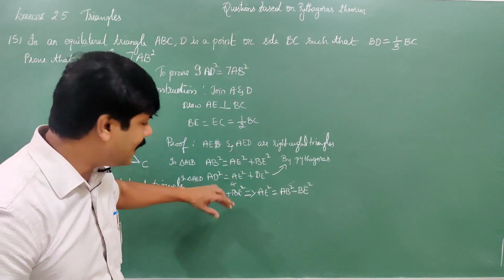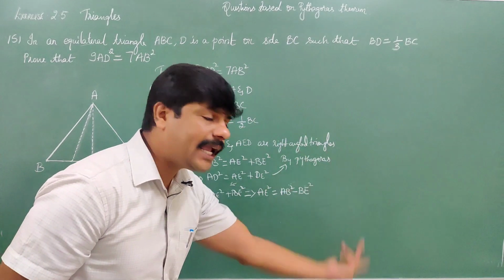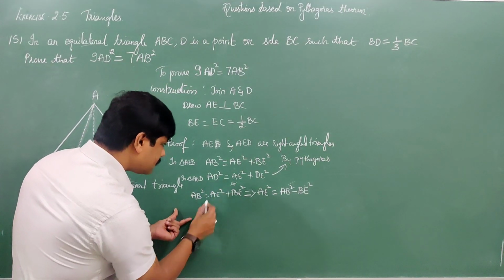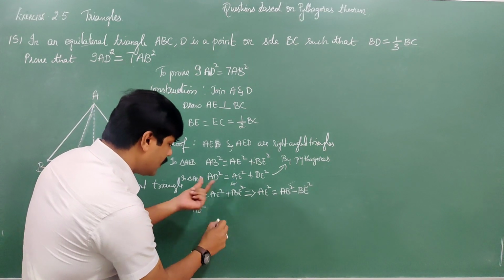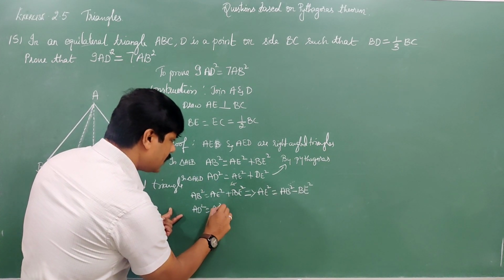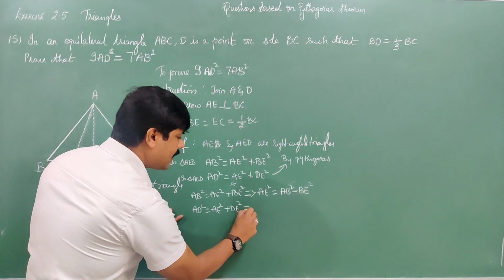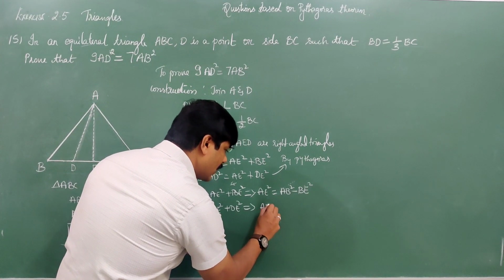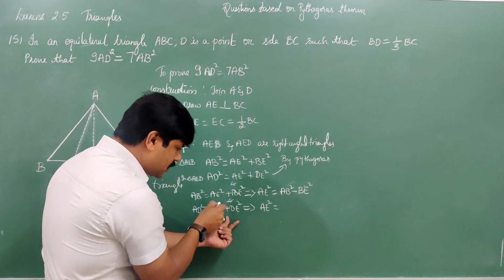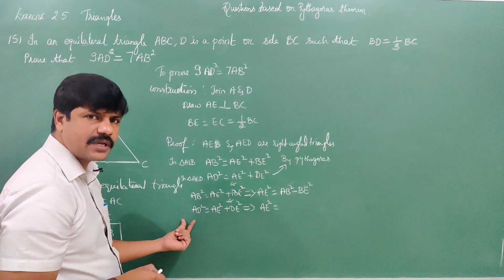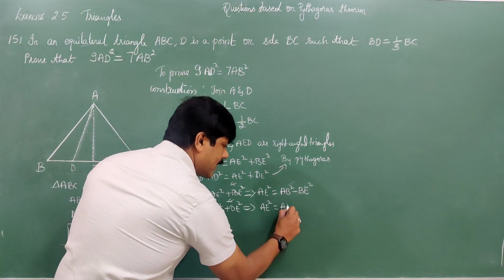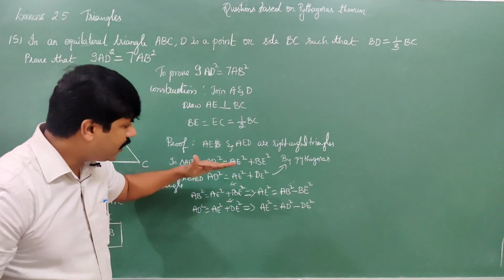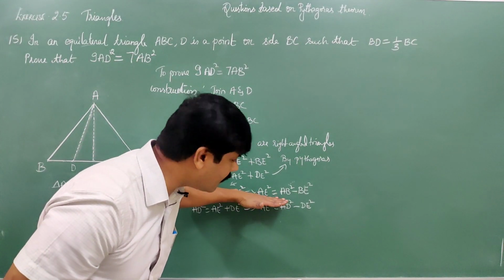Since in both triangles AE square is common, we will equate in terms of AE square. In the second case, AD square is equal to AE square plus DE square. We will change this also in terms of AE square. Thus AE square is equal to AD square minus DE square. Here in both cases we have taken in terms of AE square.